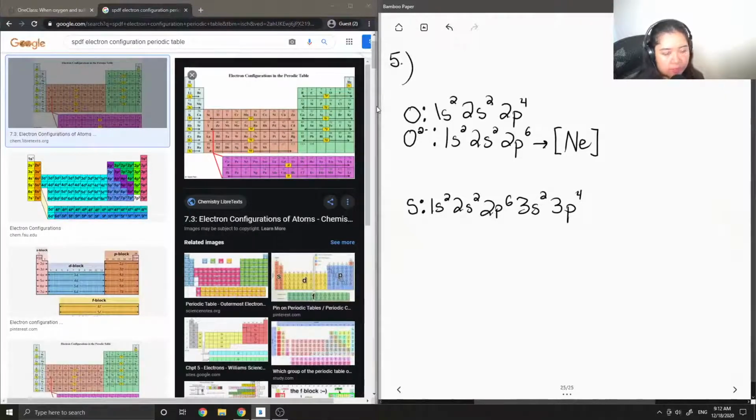So it's similar to oxygen, except it is just a row under it. Now, again, we'll write what the electron configuration of sulfur would look like if it were to gain 2 electrons.